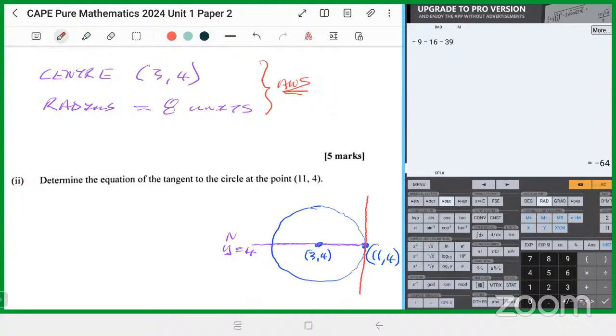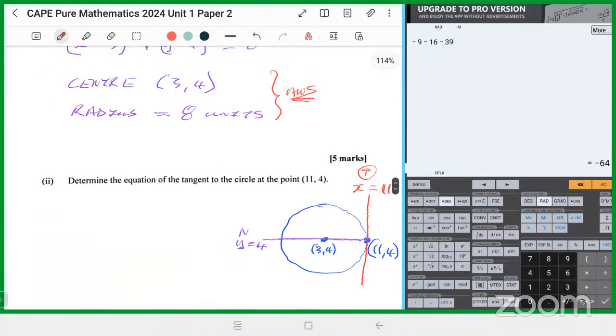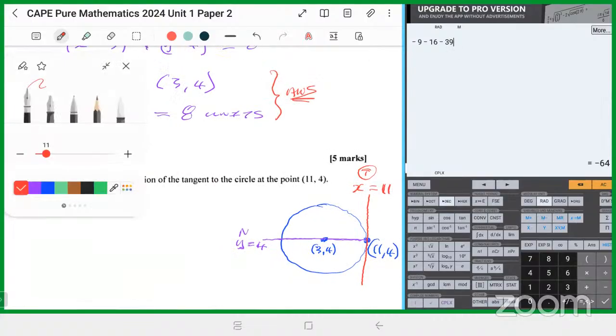And the equation of your tangent is going to be x equals this x value, x equals 11. The vertical line passing through the point 11. That's it. Don't need to calculate. It says determine, so I don't need a calculation. I'm going to use the diagram as my reference.